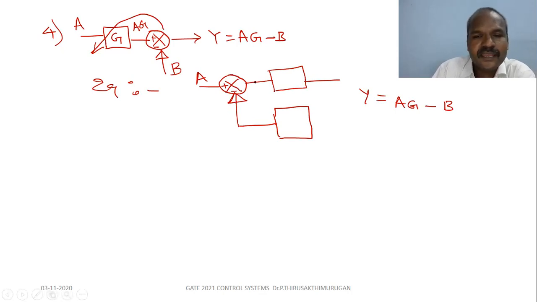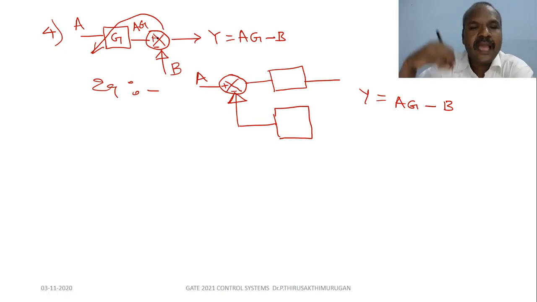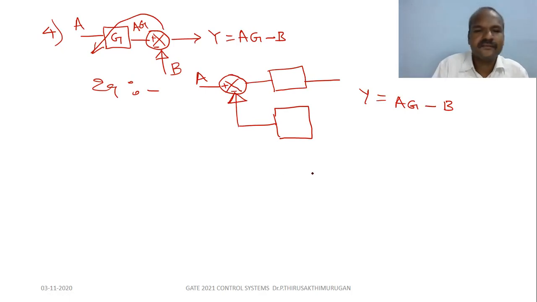So when we shift this summing block from after the block to ahead of the block, then we should divide the gain value here.